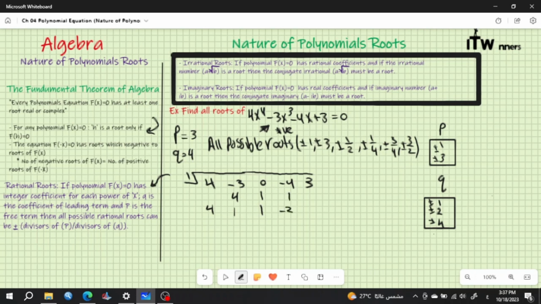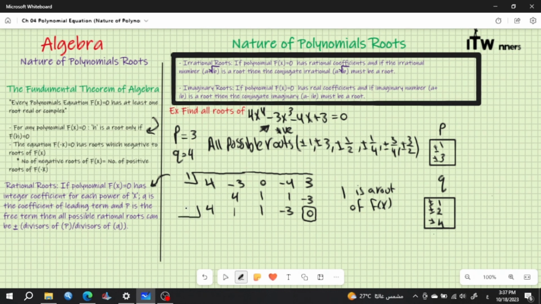Here we have negative 3. Negative 3 into 1 equal to negative 3. So we have here 0. Then 1 is a root of f of x.